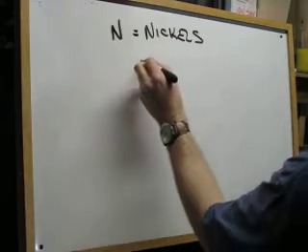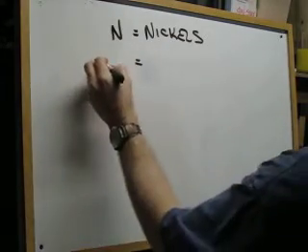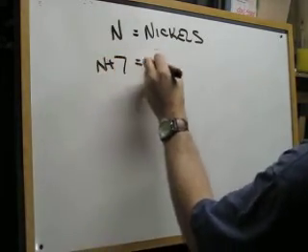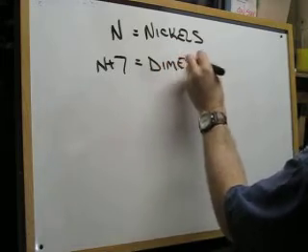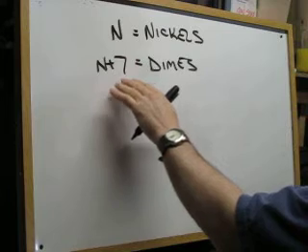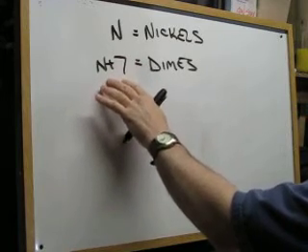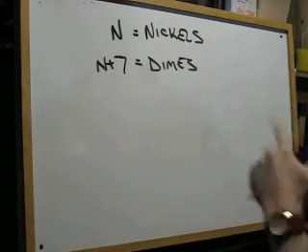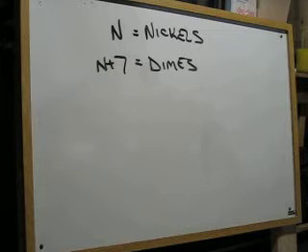Our dimes then would be 7 more. So our number of nickels is N, our number of dimes is the number of nickels plus 7, or N plus 7.